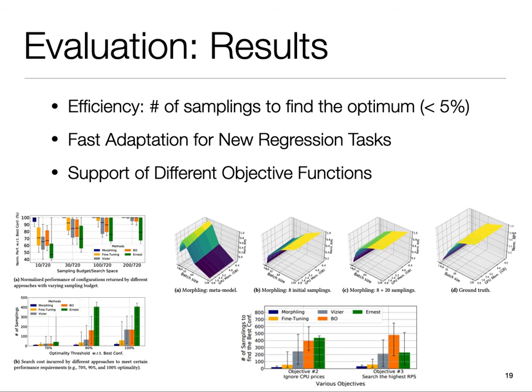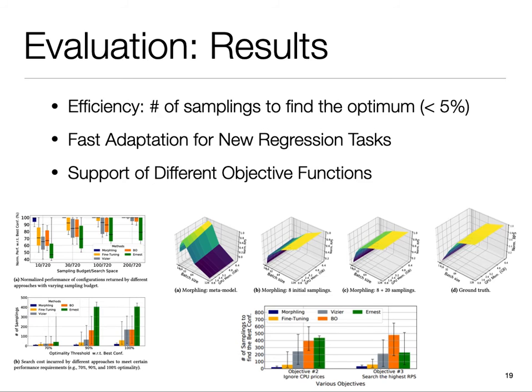To illustrate this point, we consider tuning two configuration knobs, GPU memory size and maximum batch size, as shown in the figure on the top right. The figure shows that by sampling only a small number of configurations, the performance-configuration mapping shape can be quickly adapted to the ground truth.